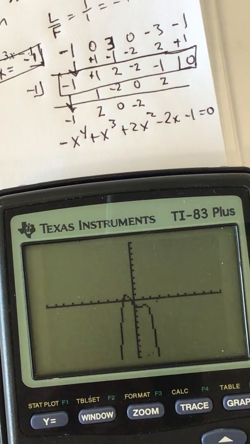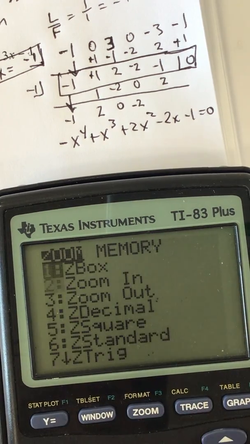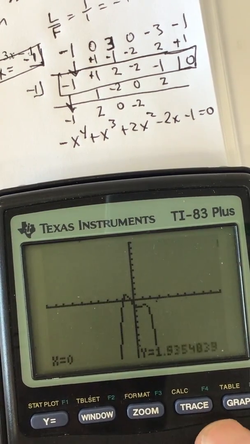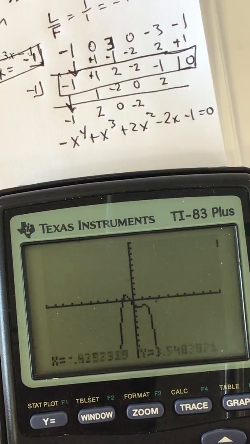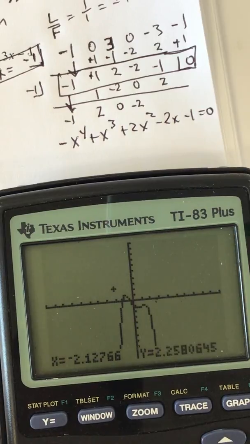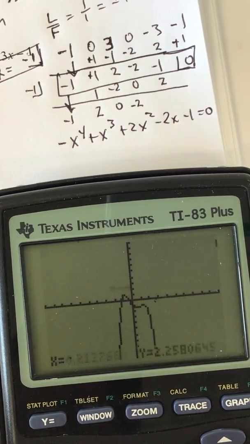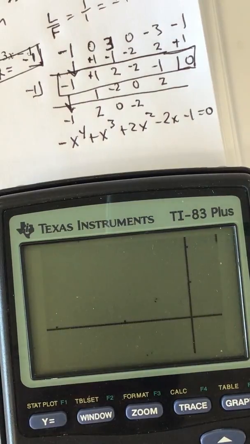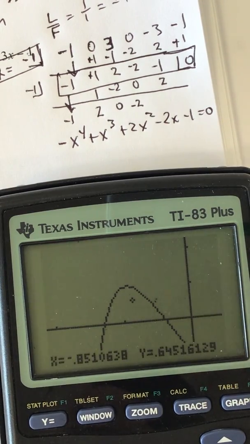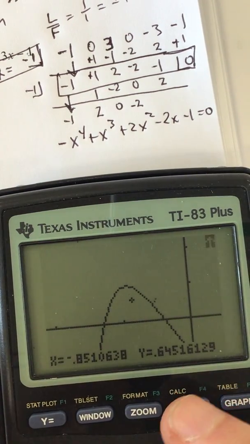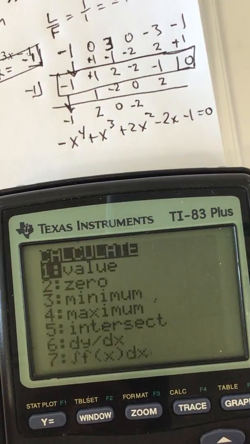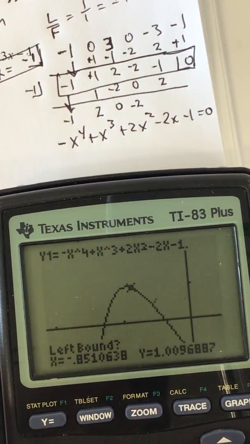Okay, let's find those 2 answers. I'm going to zoom in on those 2 just a little bit with the box. So there's one and there's one. Hopefully we remember how to use our calculator to find those. Second, calculate, zero. Let's go get that one.